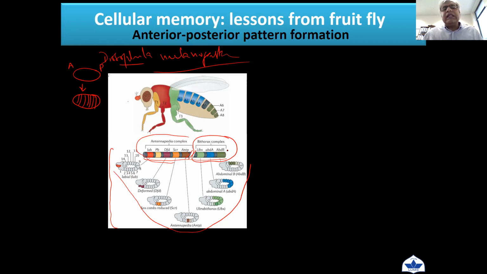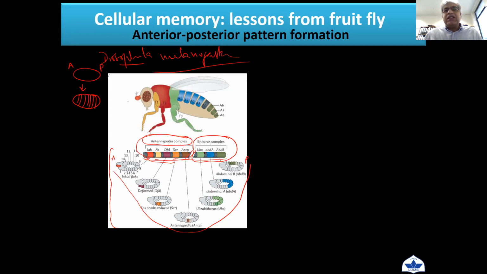Now, these are the master regulators of development, and they are involved in giving specific identity to different cell types. If you pay attention, labial, proboscipedia, deformed, sex combs reduced, antennapedia, the genes in the antennapedia cluster, are expressed from anterior in the embryo towards posterior.